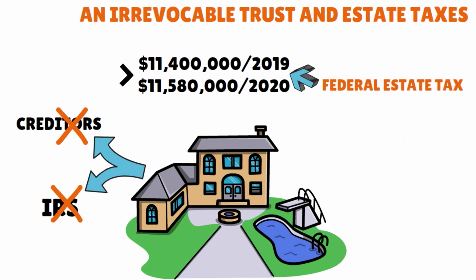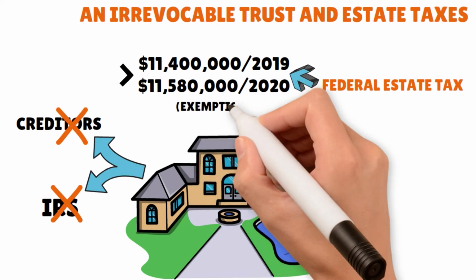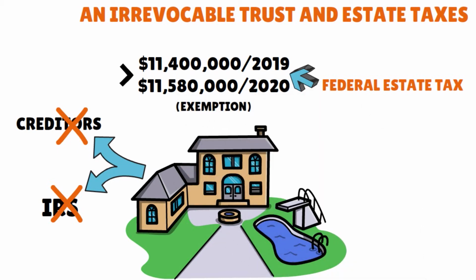Now, this threshold, called an exemption, is adjusted for inflation, so it goes up annually, but it might not always be this significant. The exemption increased from $5.49 million in 2017 to $11.18 million in 2018 under the terms of the Tax Cuts and Jobs Act, the TCJA.